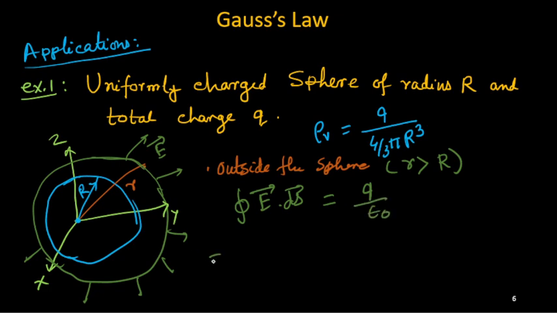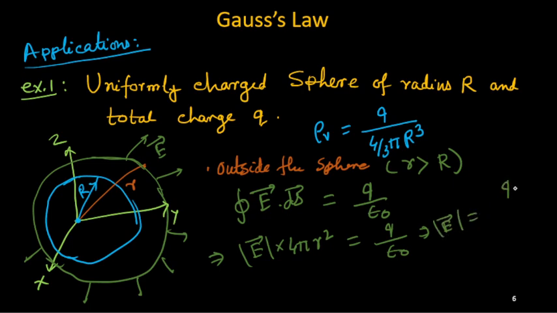Now everywhere on this surface the electric field strength is the same, constant. So its magnitude I will consider mod of E, and total surface area is 4 pi r square, equals Q upon epsilon naught. So the magnitude of E becomes Q upon 4 pi epsilon naught r square.